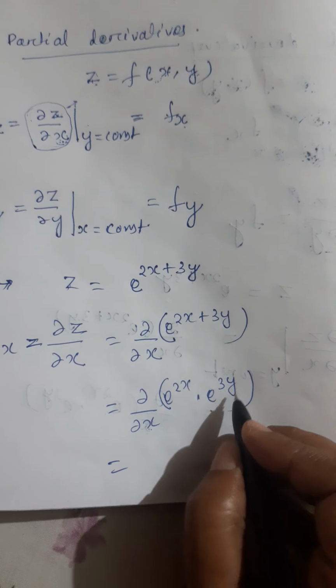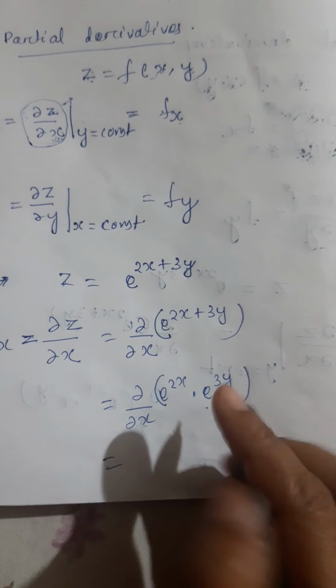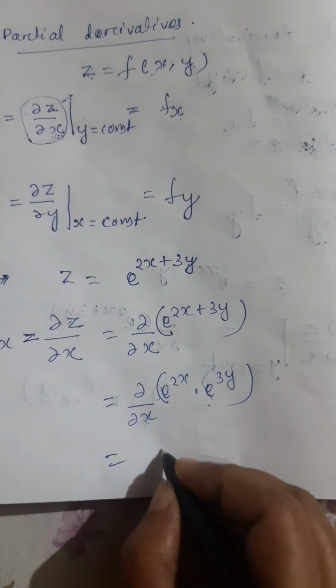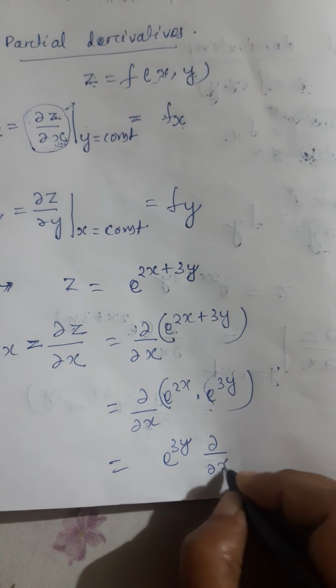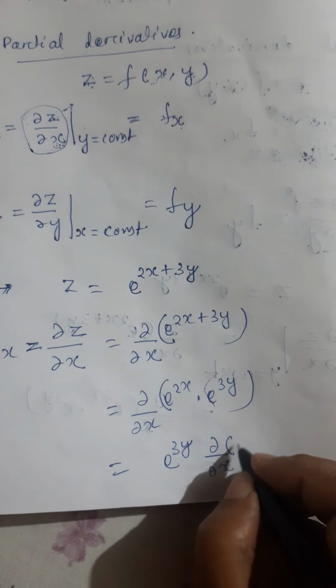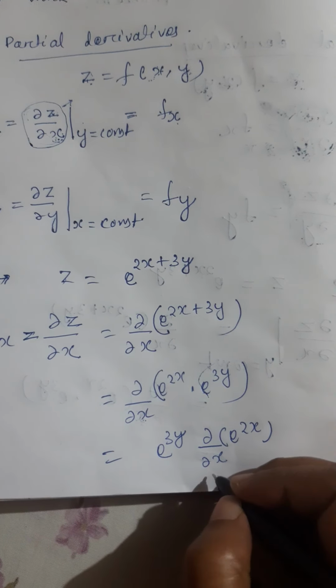That implies 3y is constant, that implies e to the power 3y is also constant. So we can take this e to the power 3y out of the differentiation. So we have to differentiate only e to the power 2x with respect to x.